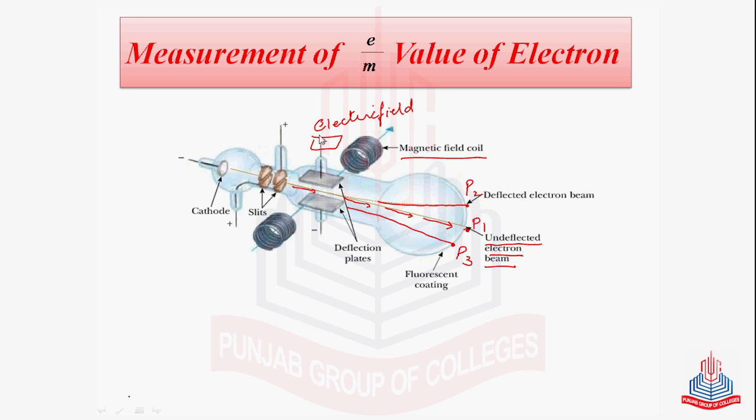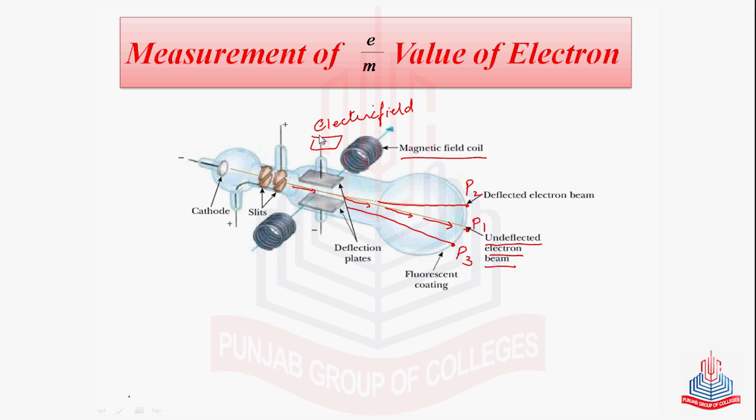It means यहाँ पे ये बात finalize हो गई that in the absence of any field, they remained undeflected and the luminescence was produced at P1. In the presence of the magnetic field, the luminescence was produced at point P3, and in the presence of the electric field, the electron beam showed the deflection at point P2.